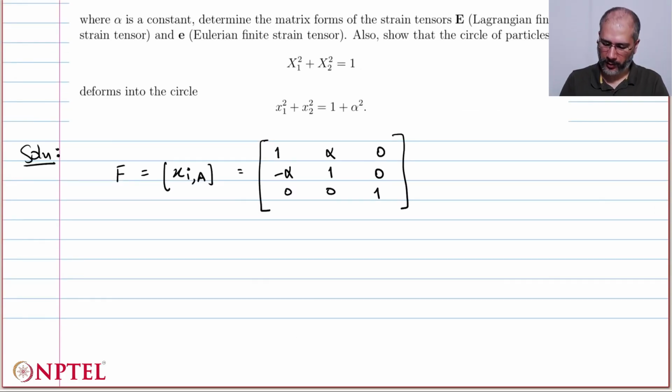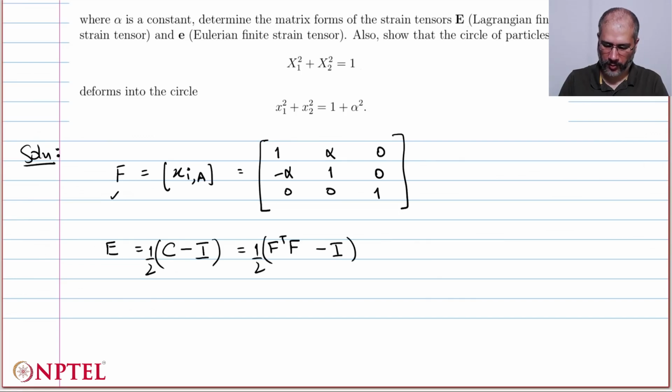Now we have to find the Lagrangian finite strain tensor, which was defined as C minus I, where C was F transpose F. So twice of E is F transpose F minus I. So I can write my E as half of these.